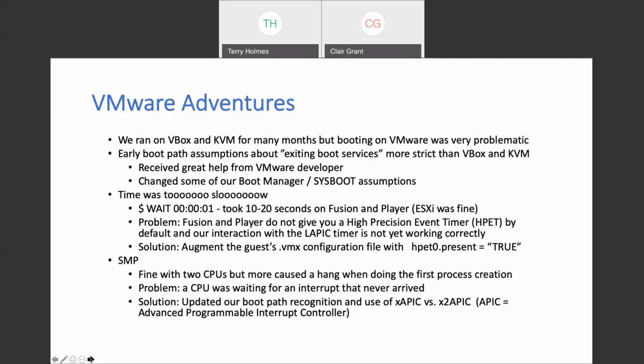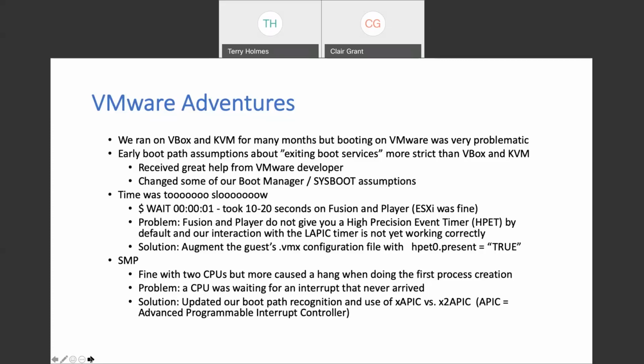When the system boots, if you run in a UEFI environment, that's the boot environment, you have, as an operating system, a UEFI application, which in our case is the boot manager. When you get to the end of what the boot manager normally does, there's this function you call called exit boot services.